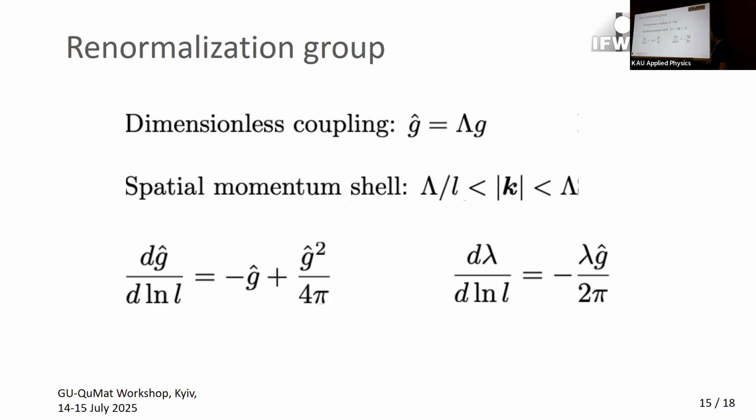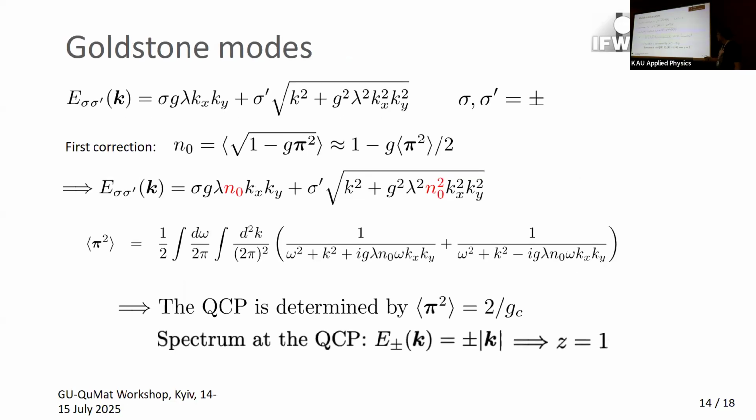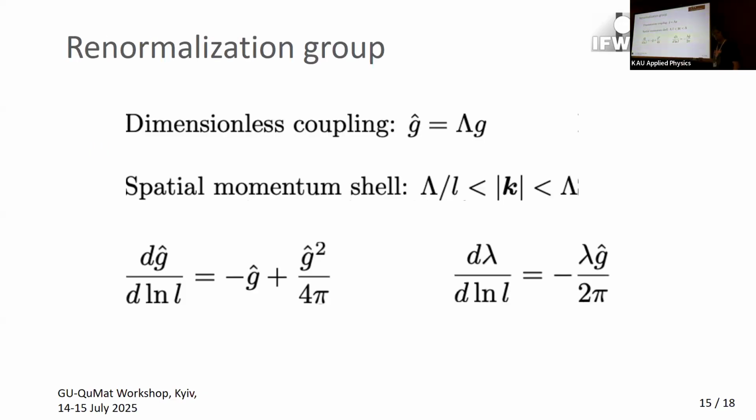And by power counting, lambda has dimension 0, and G has dimension 1 minus 1. There are two equations. We can see what happens. This has a fixed point which is completely independent of lambda. It turns out that this fixed point corresponds exactly to the critical point I showed in the previous slide, except that here there is a factor of lambda for dimensional reasons, but it's the same critical point, the same fixed point.